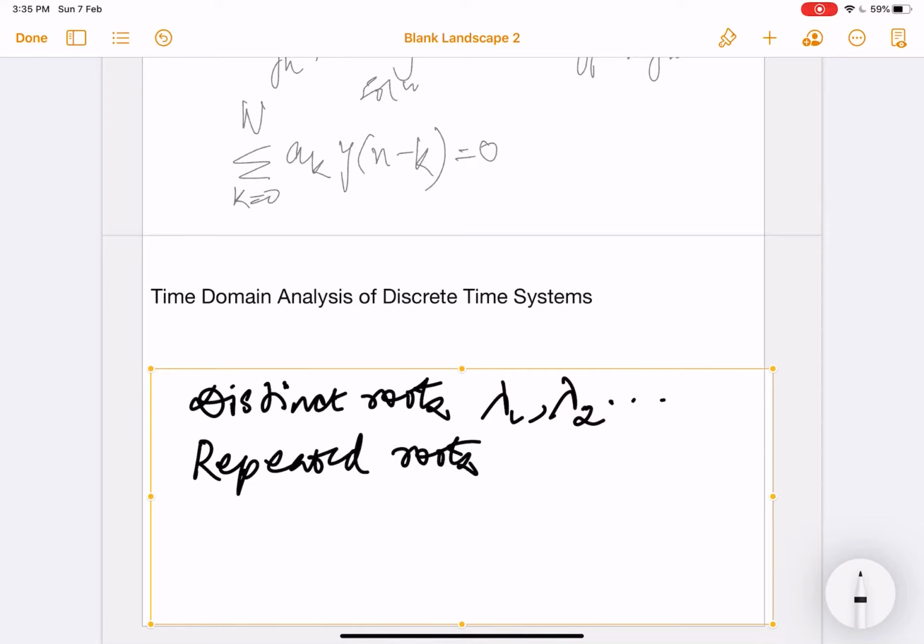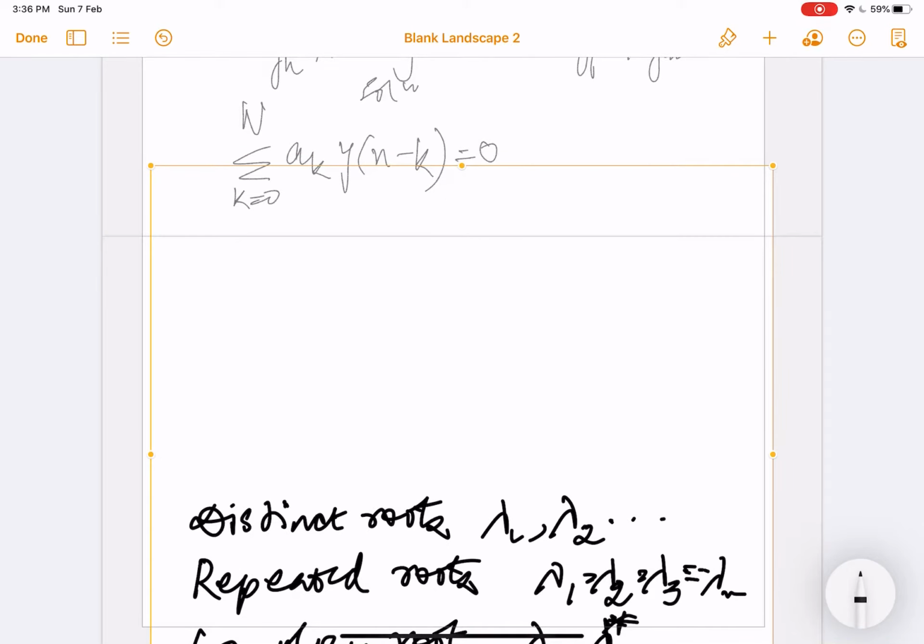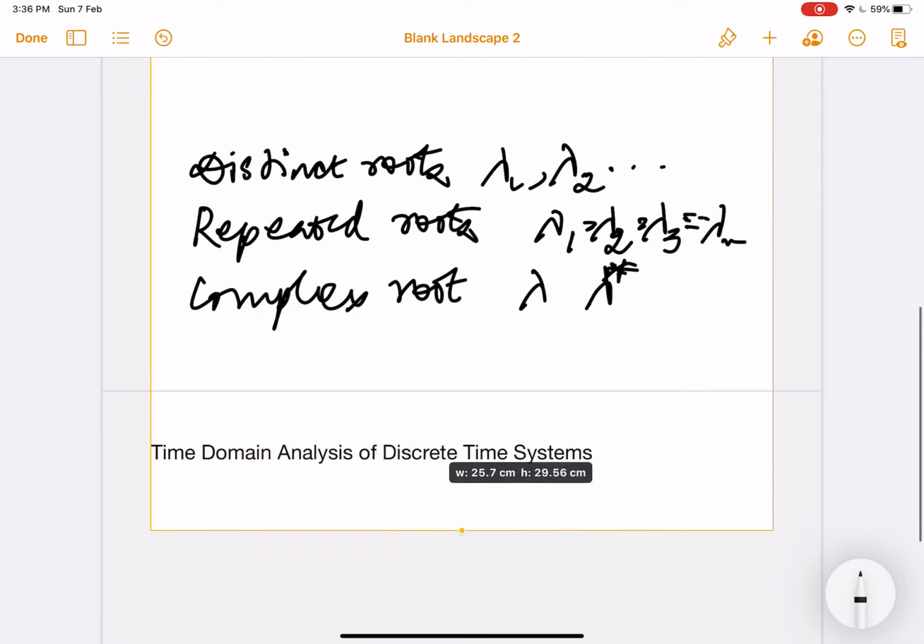Repeated roots would be, say, lambda 1 equal to lambda 2 equal to lambda 3, and so on. Or it can also be complex roots. Complex roots would be lambda and lambda conjugate.